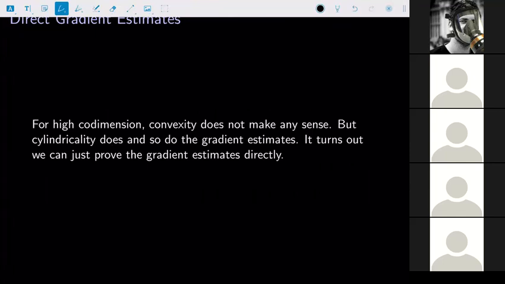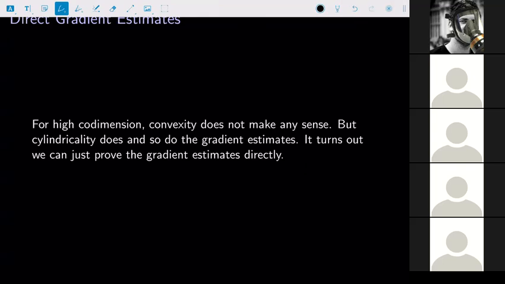Okay, so for high codimension, the convexity does not make any sense. However, cylindricality does, and so do the gradient estimates. It turns out that you can just prove gradient estimates directly without having to appeal to either the convexity result or the cylindrical results first.